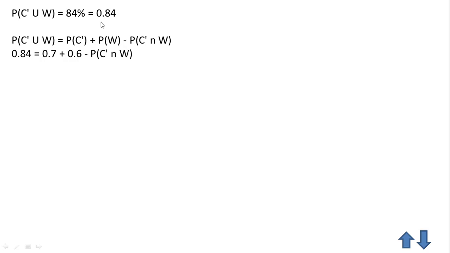So if we substitute the two, we can get the probability of C complement intersection wedding as 0.46. Remember, this is not what they want, but we can first determine it.